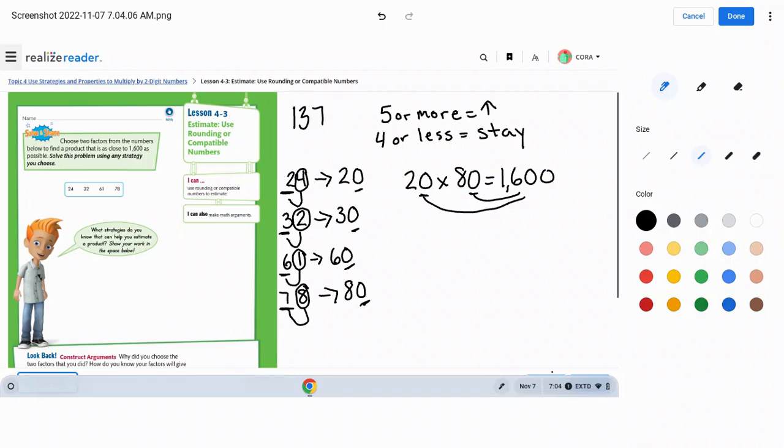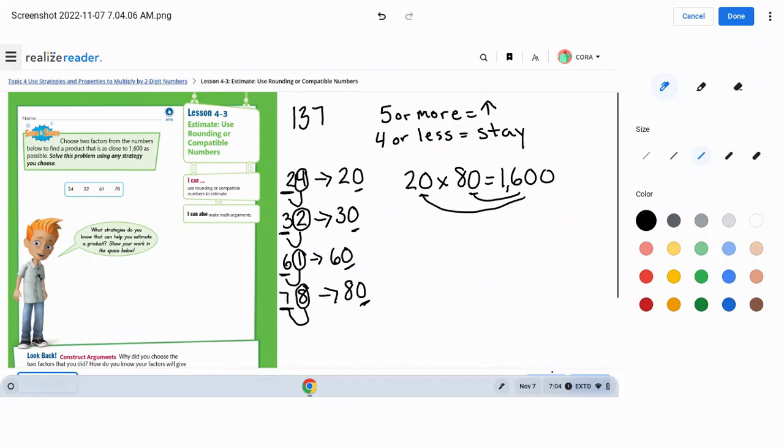We know that 2 times 3 doesn't work, but I could look at 3 times 6, which is 18. That's too big. That won't work. 3 times 8 is 24. That's too big. That won't work. So really, the only combination I could make that would get me close to 1,600 would be 20 times 80.